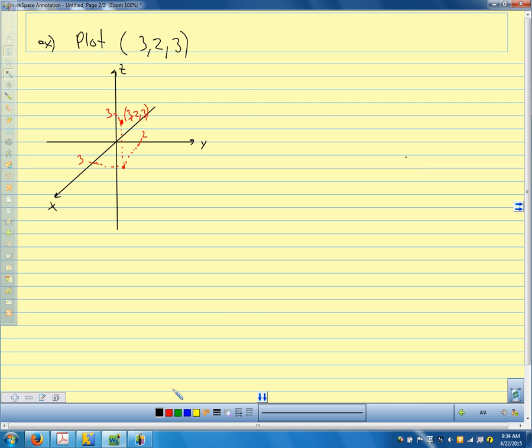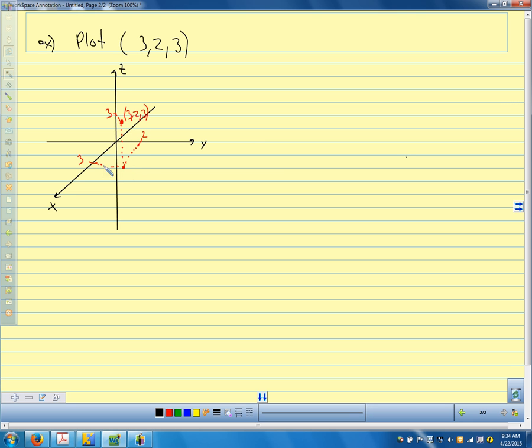All right, let's plot. Questions on how we plotted that point? So it's not like units from the XY, it's like 3 on Z, I guess. It's 3 units up from the XY plane.